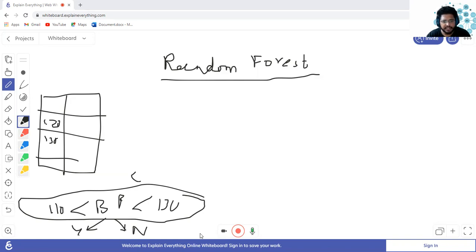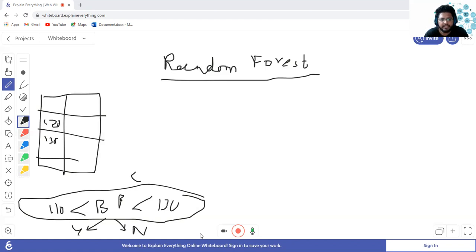Actually, decision trees have a problem: the accuracy of a decision tree is mostly a little low as compared to other types of machine learning models. But random forest solves that problem by combining the simplicity of decision trees with flexibility, resulting in a vast improvement in accuracy.